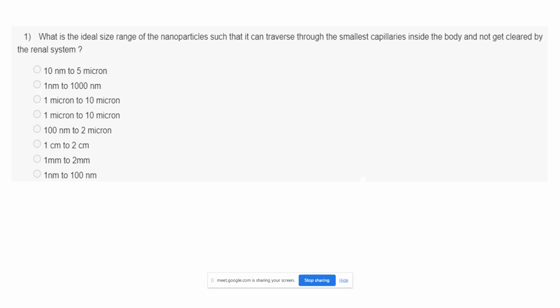Option 1. 10 nanometer to 5 micron, okay. Others? Anyone else would like to answer this question? Ideal size range of nanoparticles?